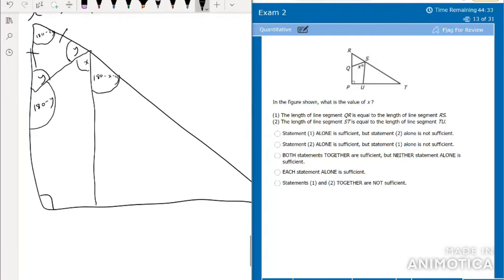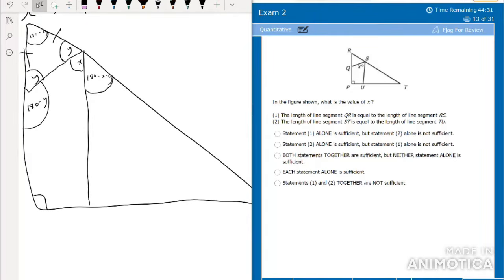We've also got this other corner, which is 180 minus 2Y. Okay, well, I'm clearly not going to get this out from this.